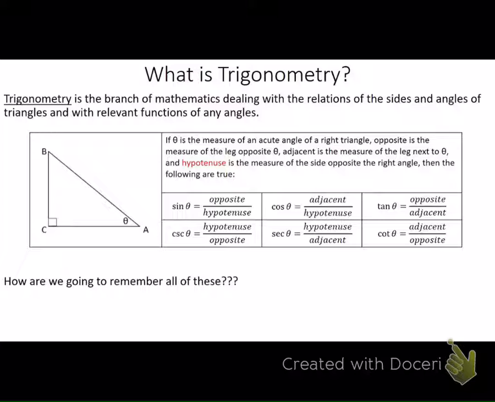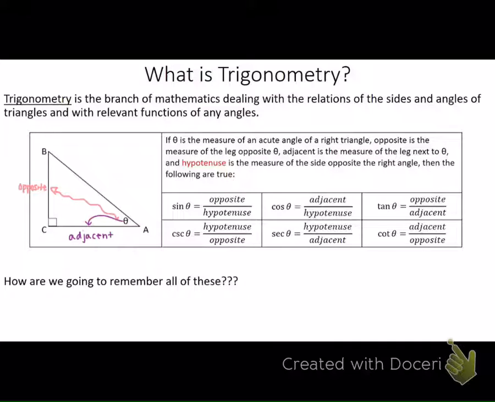So in this case, if this is theta, this is opposite. Adjacent is the measure of the leg next to theta that is not the hypotenuse. So you'll notice here, this is the adjacent because it is next to theta there.